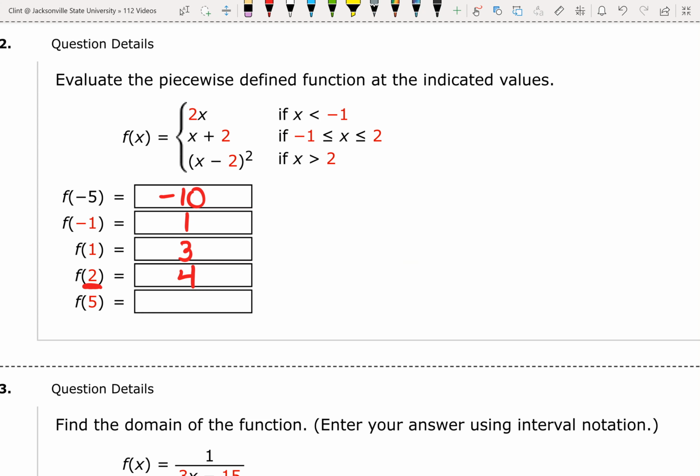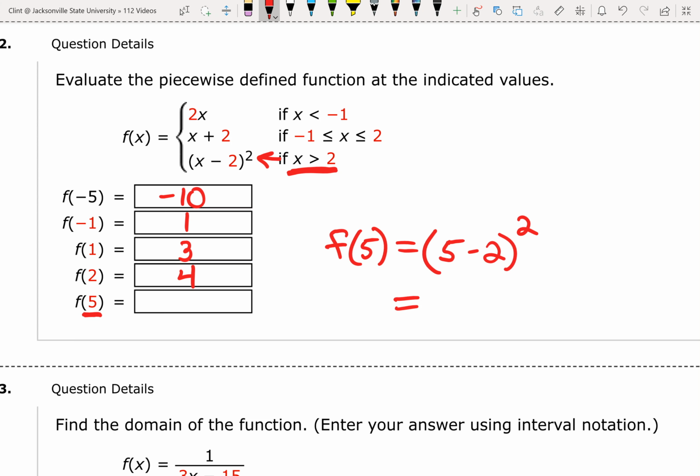And then the last one, f of 5. 5 is greater than 2, so we're going to use this piece. Plugging in for x, we'll have 5 minus 2 squared. 5 minus 2 is 3. 3 squared is 9, so 9 for this last one.